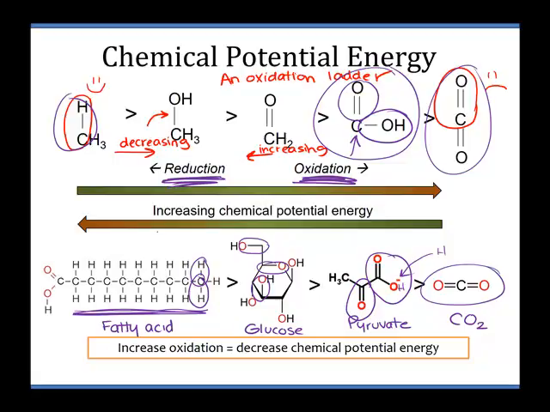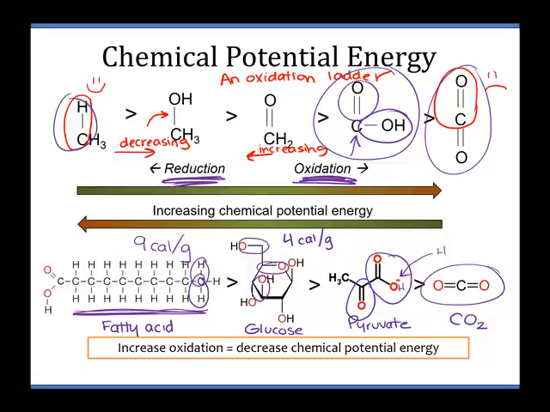reading the nutrition facts on the back of a cereal box, fat has 9 calories per gram. So for every gram of fat that you eat, you get 9 calories from it. Sugar, like glucose, has 4 calories per gram.